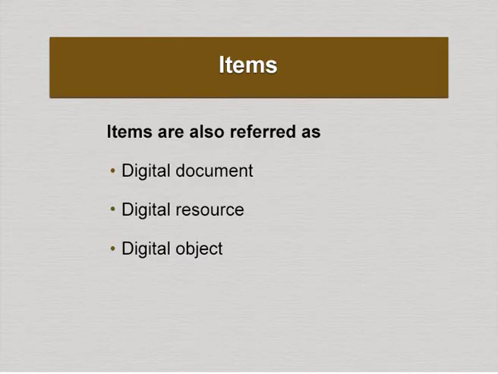Now, items are also referred to as digital document, digital resource, digital object, all are the same. In DSpace, the terminology used is item, just as AACR2 uses when you are cataloging an item, which is a highly neutral word. I think in the good old days Ranganathan used the word document.